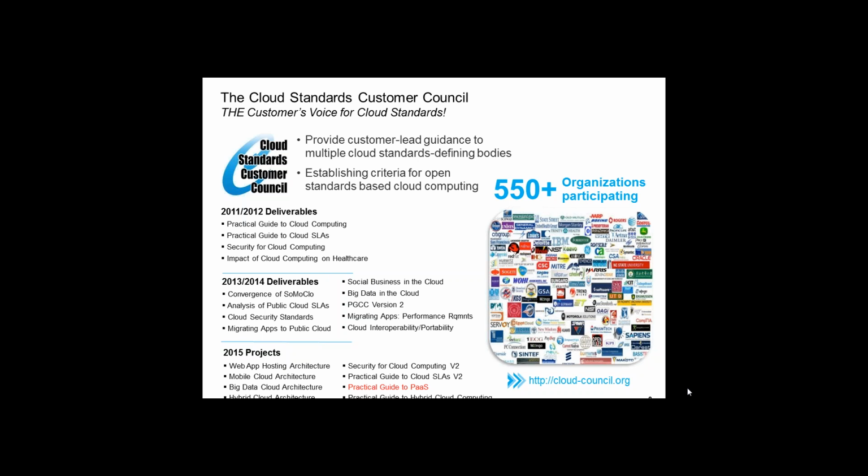Over the past 4.5 years, the council has grown to over 550 member companies. The collateral that the CSCC has delivered since its inception is highlighted on this chart. At the bottom is the list of projects the CSCC has been working on this year, including the Practical Guide to Platform as a Service, which is the focus of today's talk.